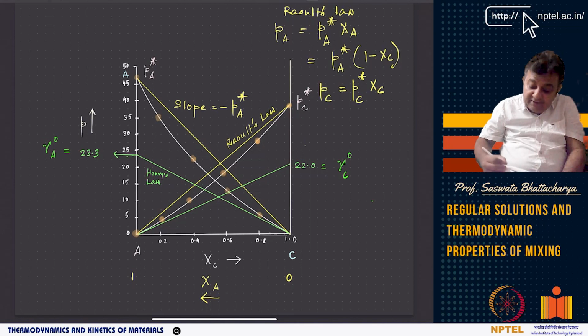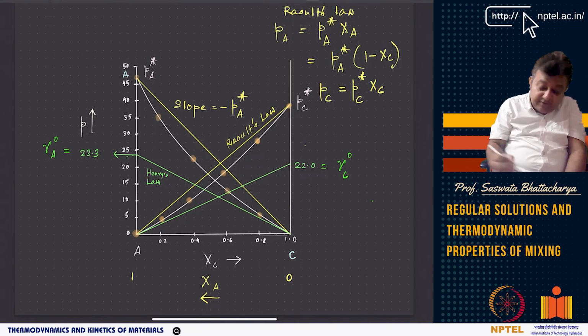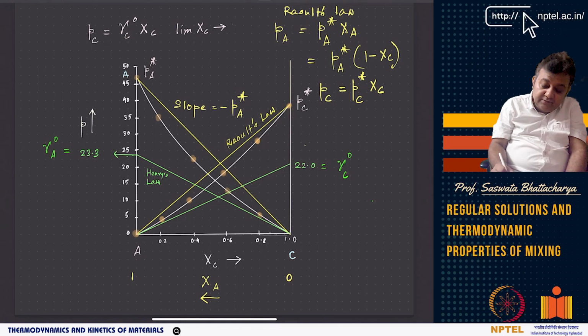Now, if we look at Henry's law, for any component it is PC equals gamma C0 XC, when XC tends to 0, right?